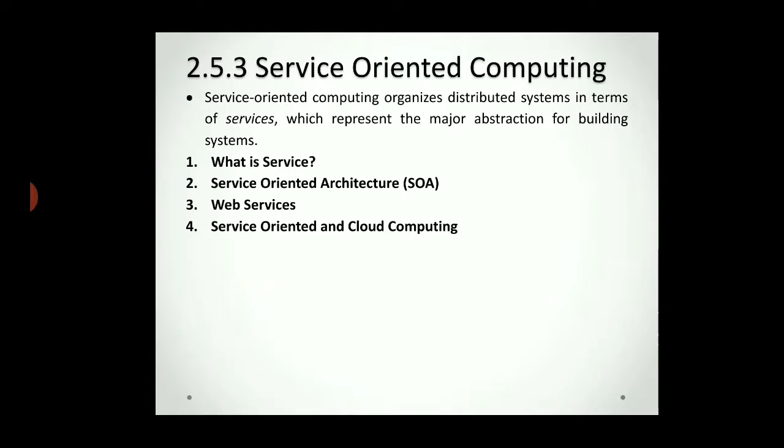Next, we have service-oriented computing. It organizes distributed systems in terms of services, which represent the major abstraction for building systems. Service orientation expresses applications and software systems as an aggregation of services that are coordinated within the service-oriented architecture, or SOA.